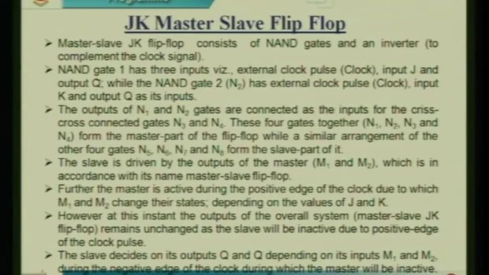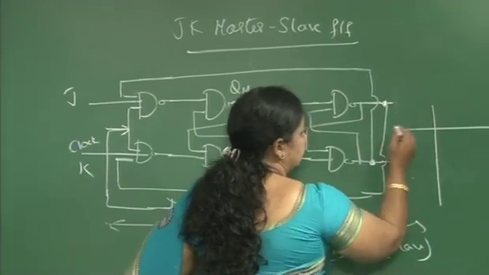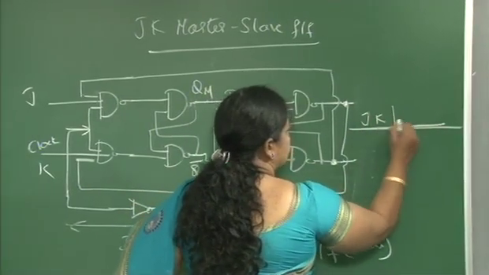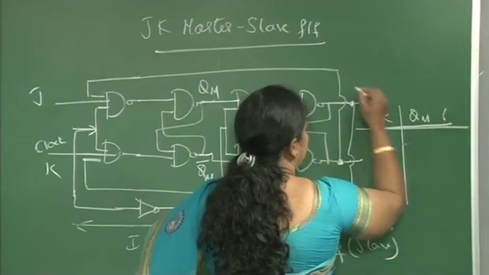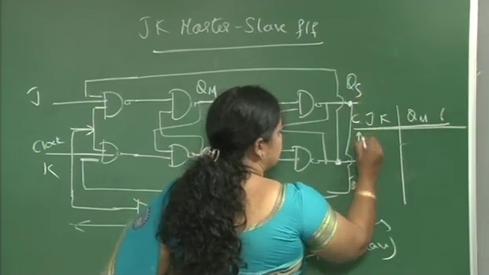So we will write the truth table of this, how exactly it works. As usual, we know, I give this name as slave, clock.